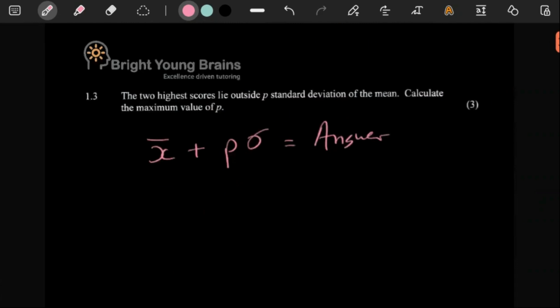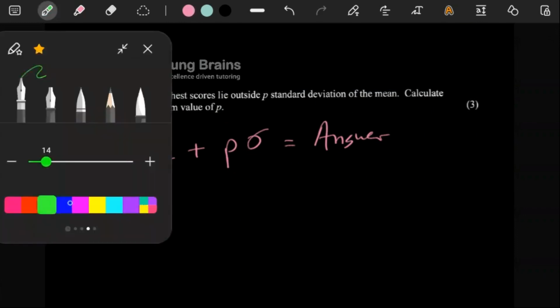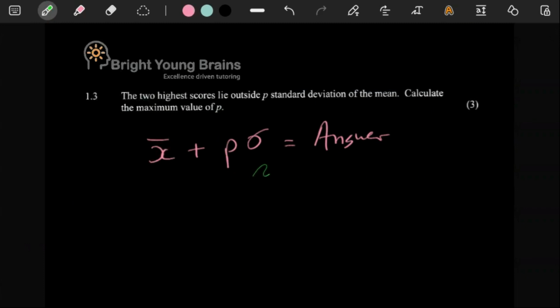But in this case, if two highest numbers lie outside p standard deviations of the mean, calculate the maximum value of p. So in this situation, yeah, this is quite an interesting question. Like I'm supposed to be going fast, but I'm bombing out.